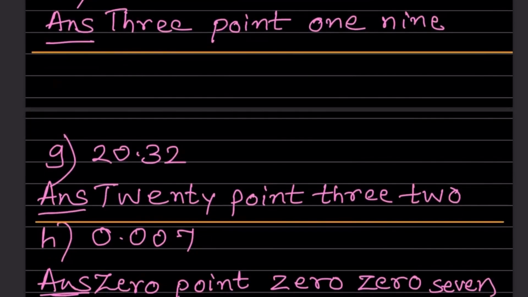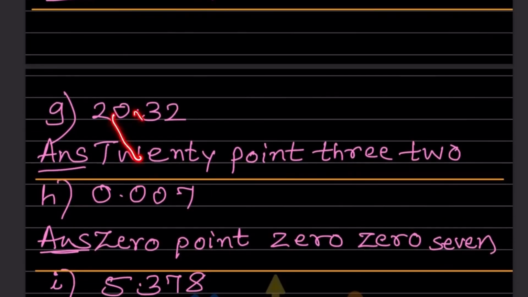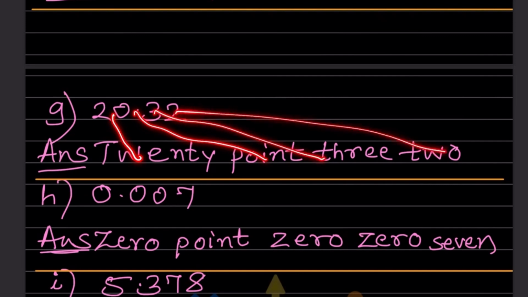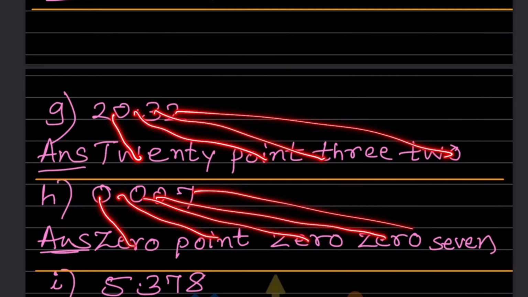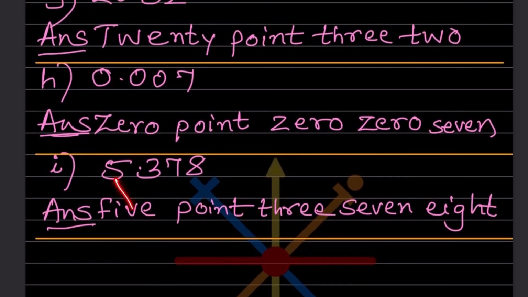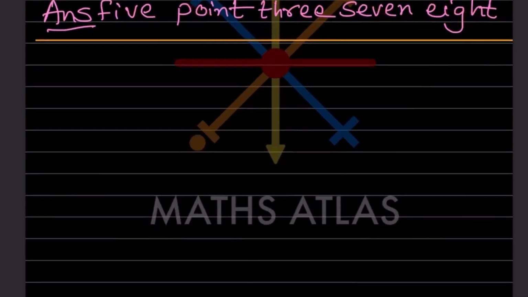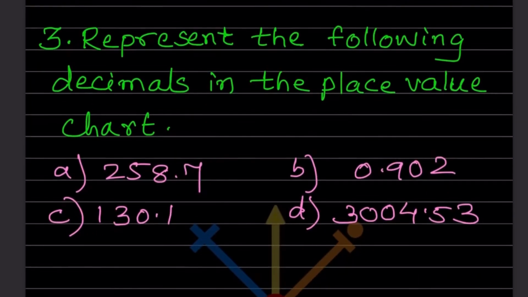So just write in words, that's it. 20.32, 0.007, 5.378.